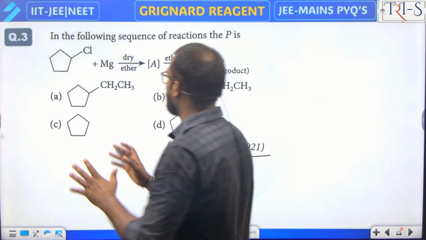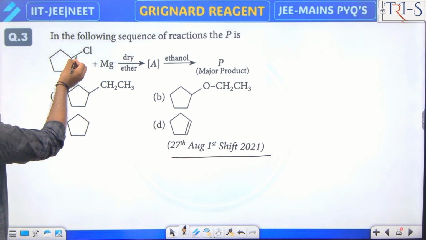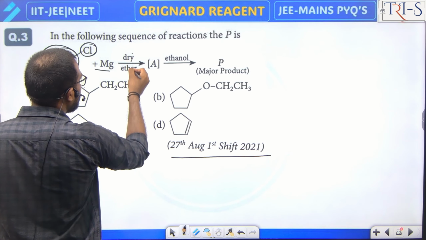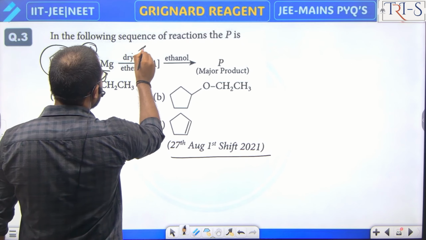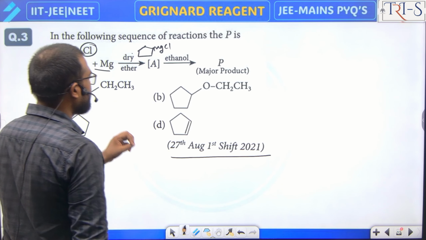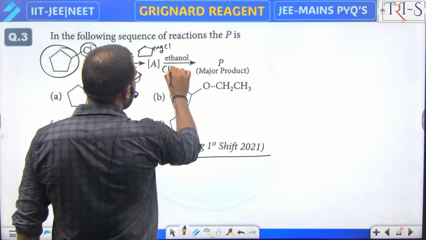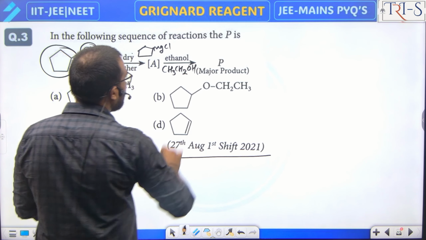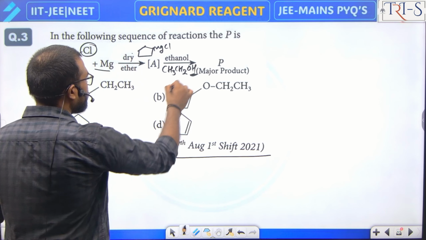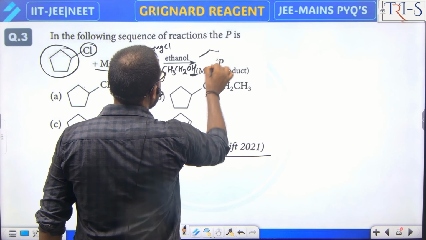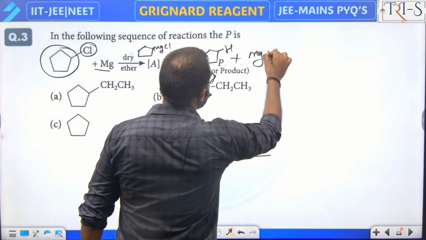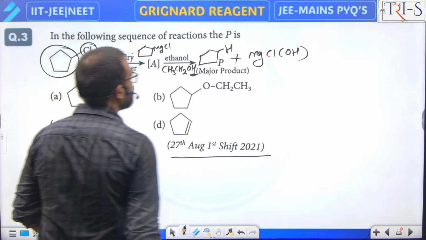Now you can see easily, a cyclic alkyl group with chlorine on reaction with magnesium in dry ether will give alkyl magnesium halide, that is Grignard reagent, and after reaction with ethanol, that is CH3CH2OH, where this kind of hydrogen is known as active hydrogen, it will give the hydrogen to that compound, then the alkane will form, and another product is Mg(Cl)OEt.